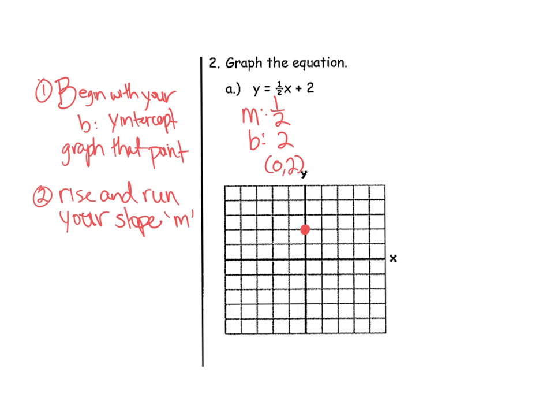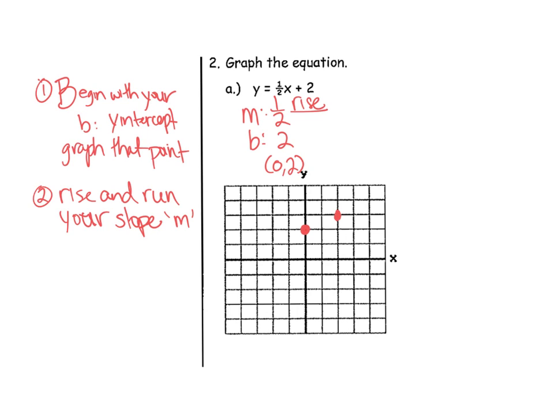I should rise 1. So I'm going to start at my red dot, my y-intercept, my 2. And I'm going to go up 1, and then how many should I run? Positive 2. So that's going to be right or left? Right. Okay.